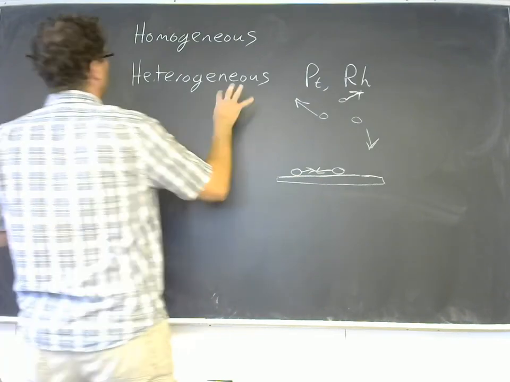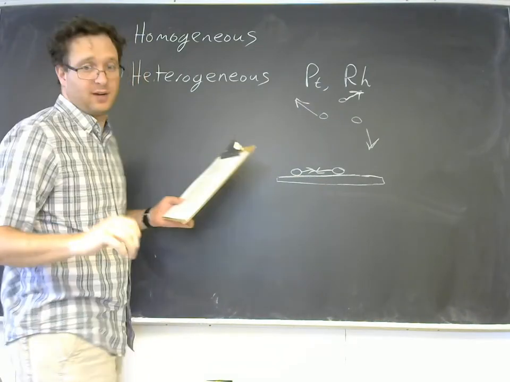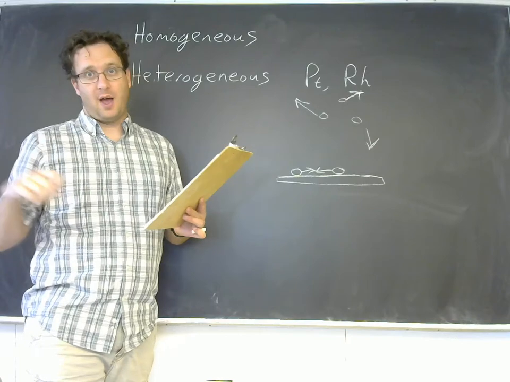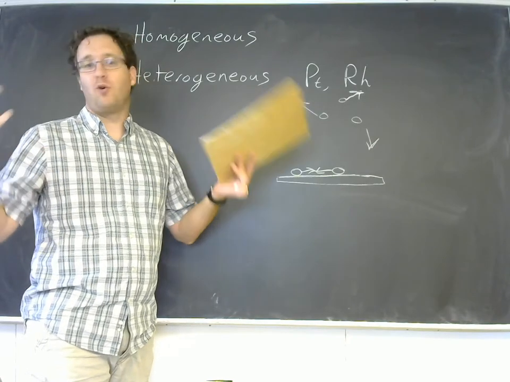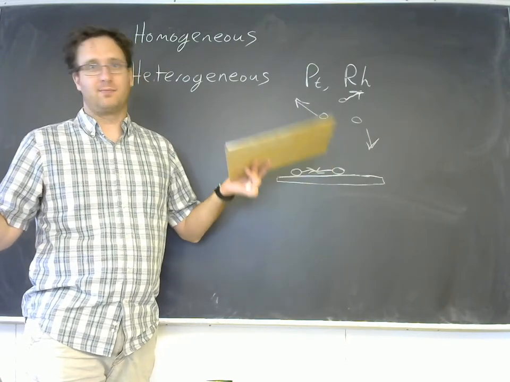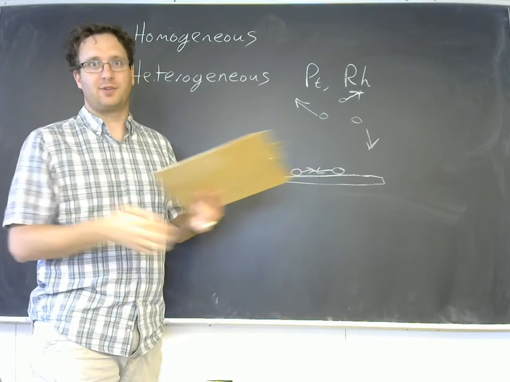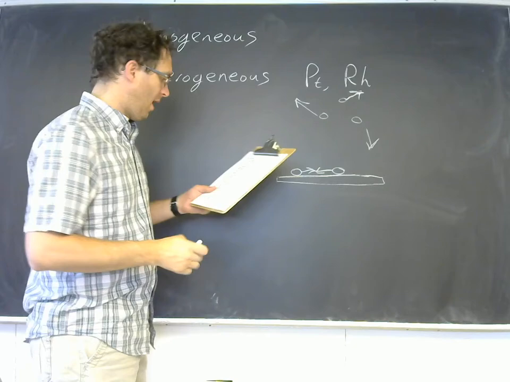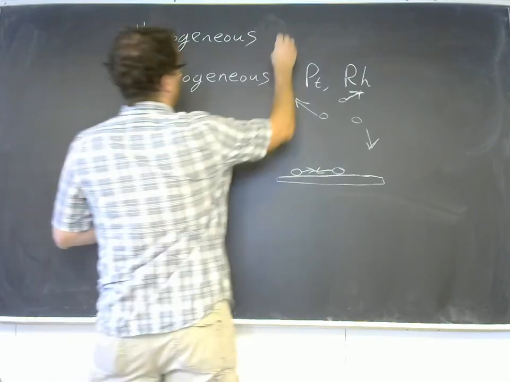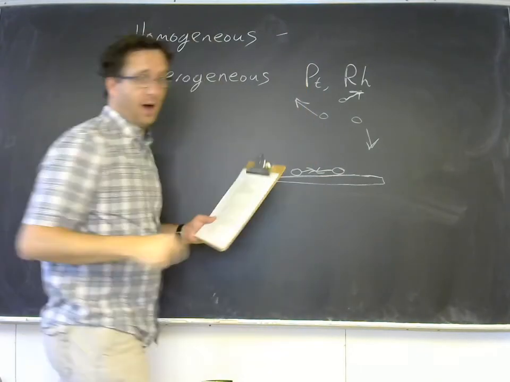Heterogeneous catalysis is important in a lot of industrial applications: catalytic converters, and chemical plants that make all of the chemicals that are a part of the industrial chemistry industry. Homogeneous catalysts are really important biologically.